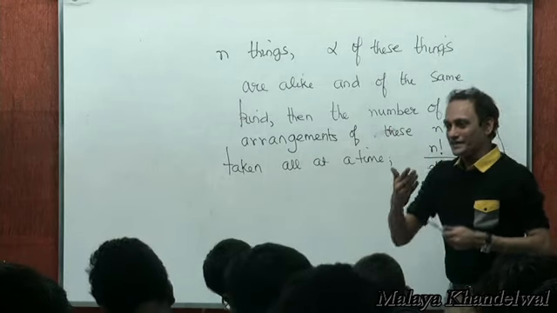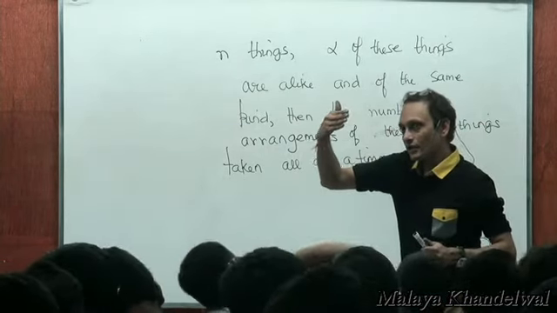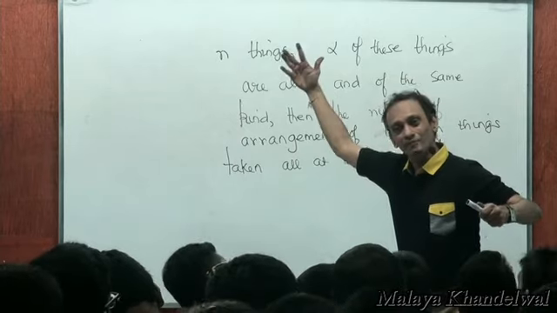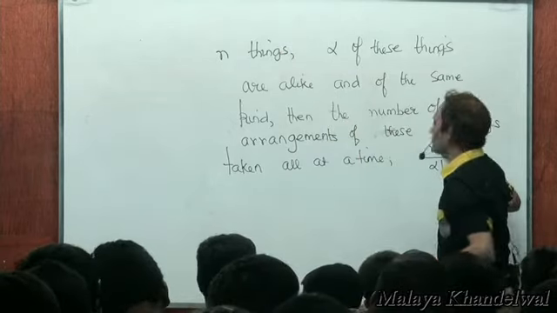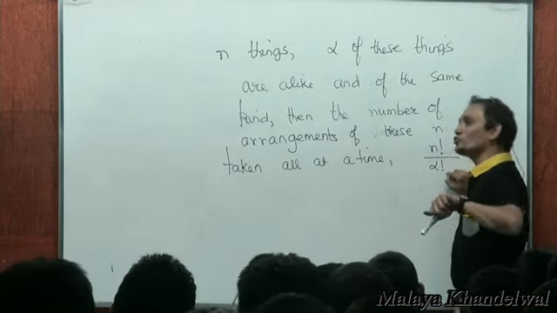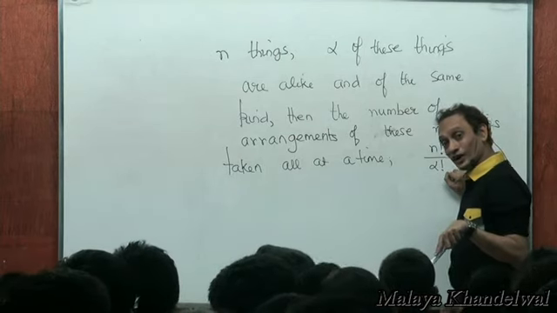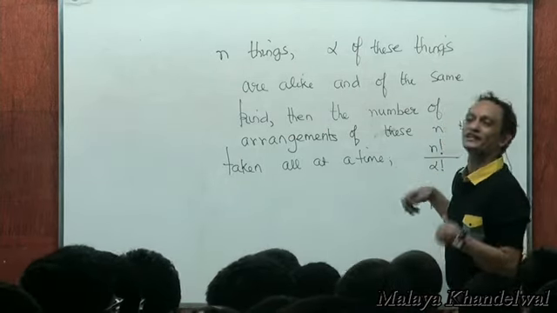The way you can look at it is, think of these alpha things as different, call them A1, A2, A3, A alpha, then you would have got n factorial. Suppress that count by alpha factorial so as to remove duplicity of count.